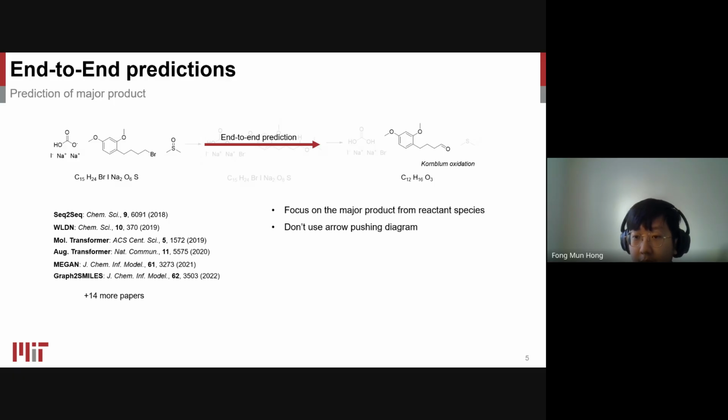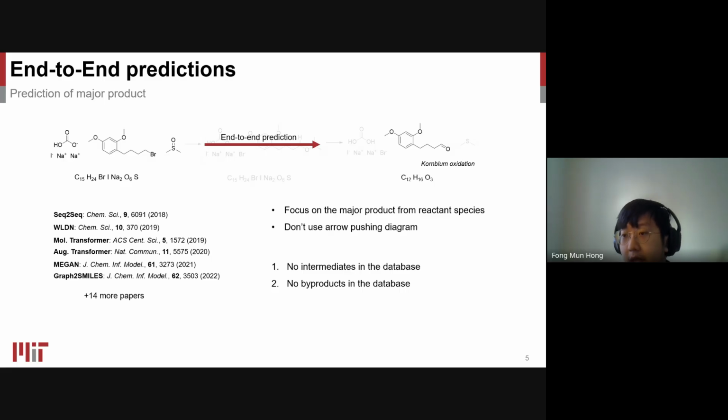We can see that the arrow pushing formalism is not actually present in such models. This is mainly because there are not really any intermediates present in the database, and also byproducts that would be imputed from some of the elementary steps that we could do.